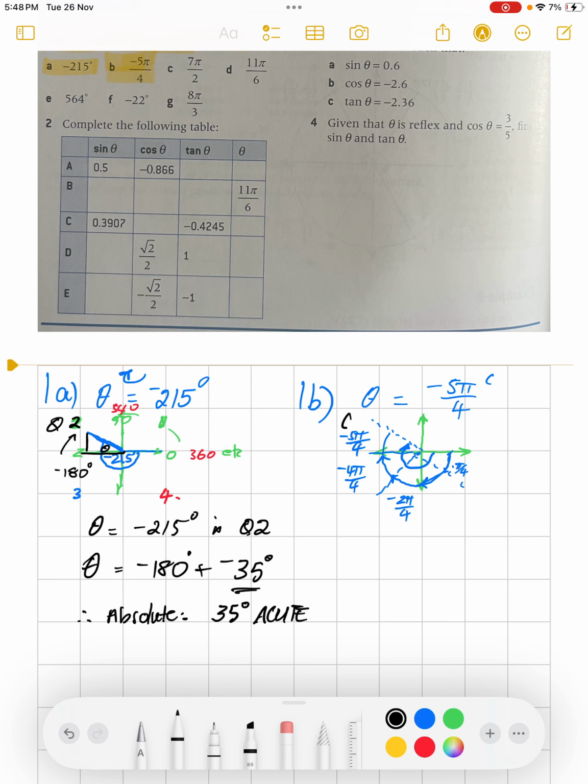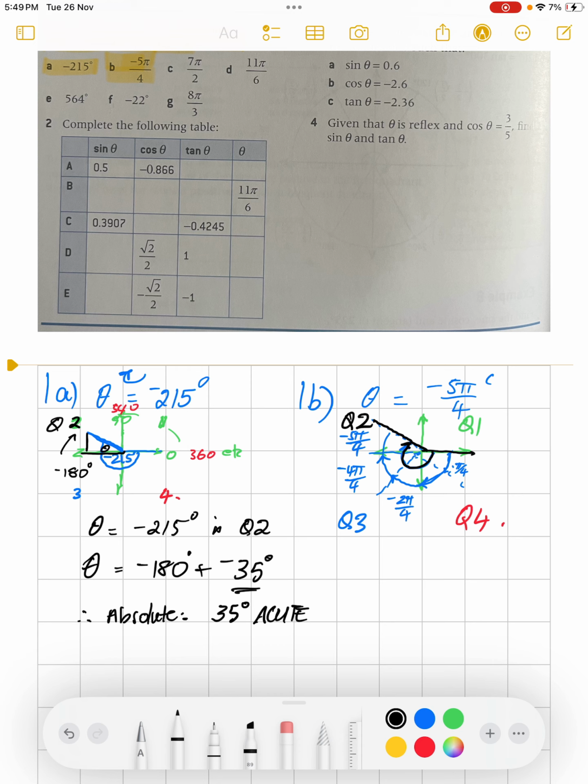So we're in quadrant 2, because this is quadrant 1, and down here is quadrant 3, and over here is quadrant 4. So the angle is in this position here, and it started here and went all the way around, negative 5 pi over 4.